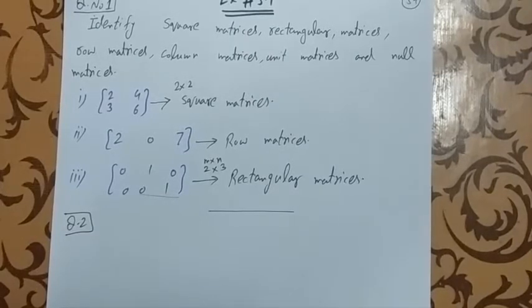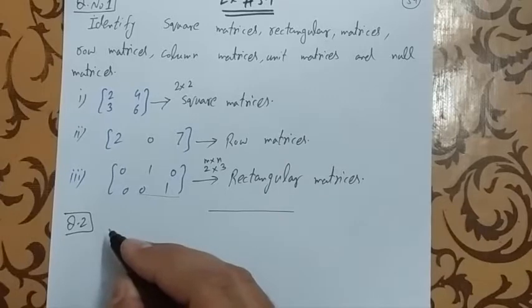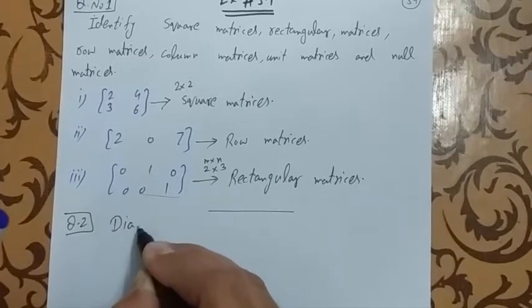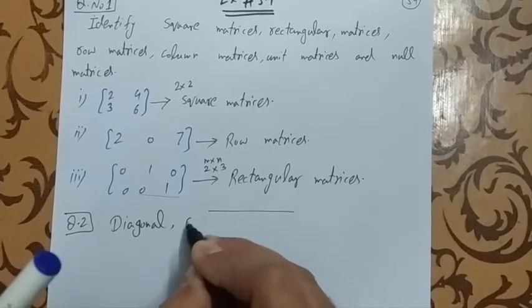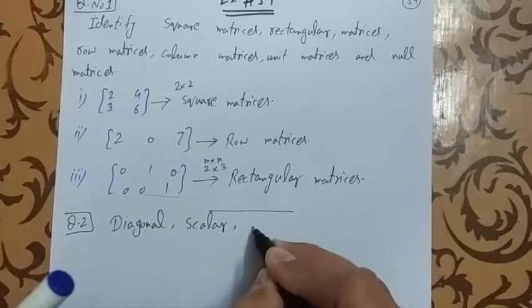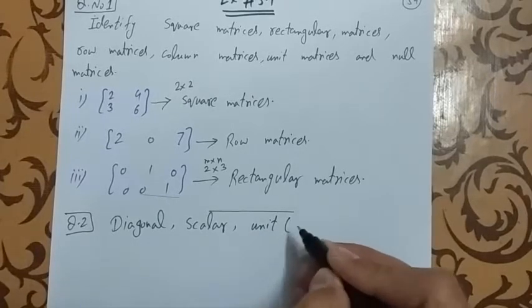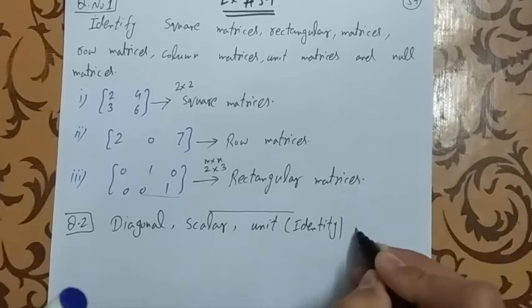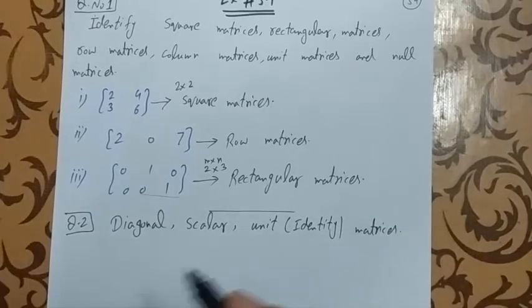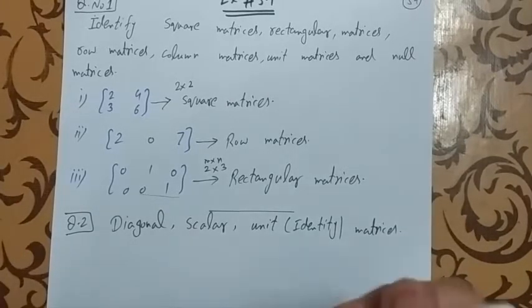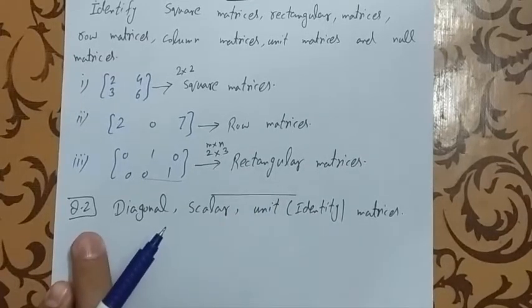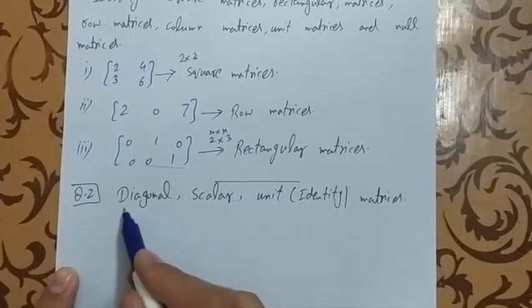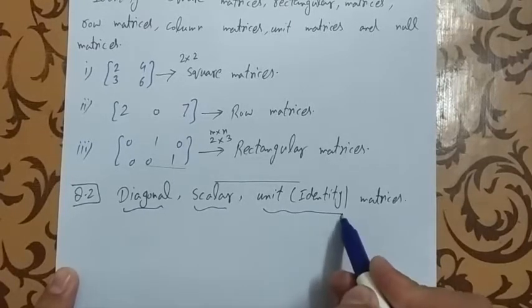From the following matrices, identify the diagonal, scalar, and unit or identity matrices. Identify whether it is a diagonal, scalar, unit matrix or identity matrix.